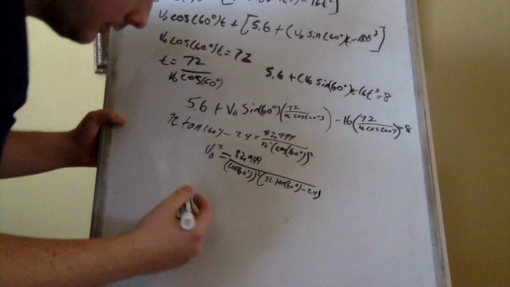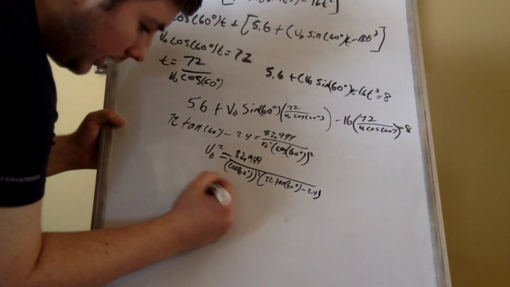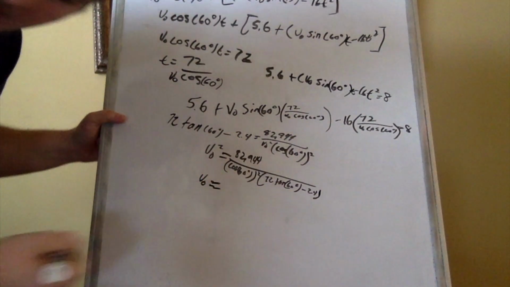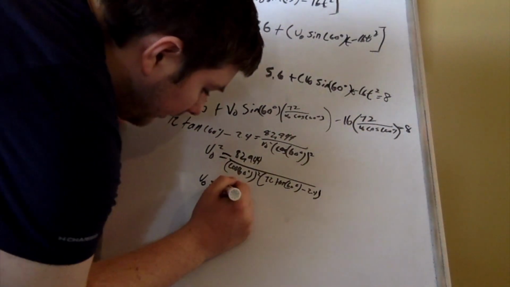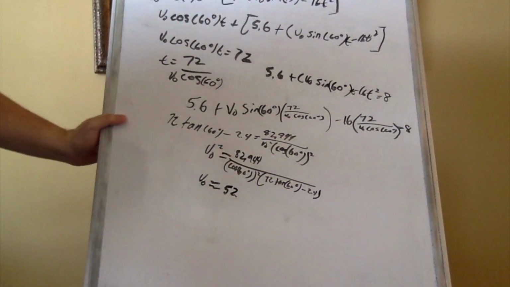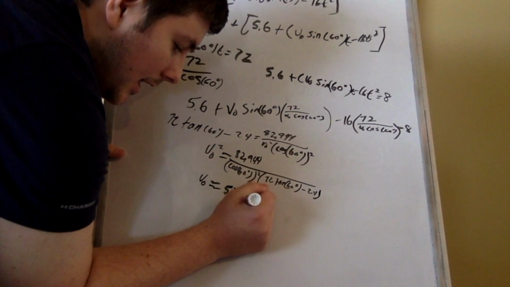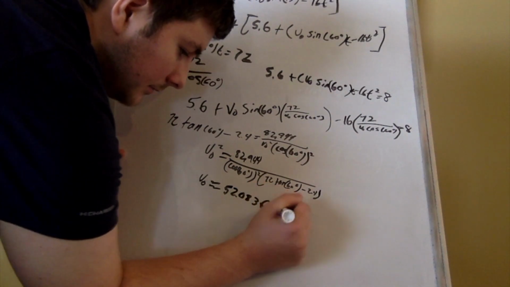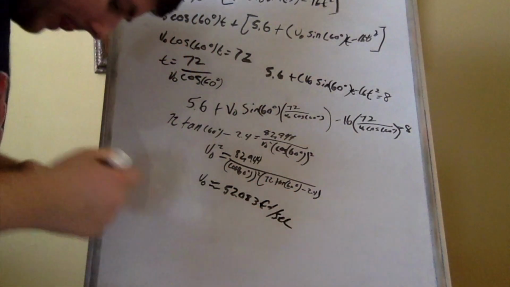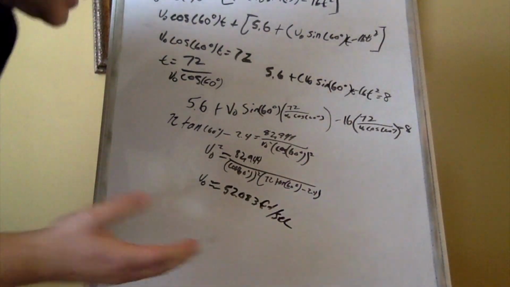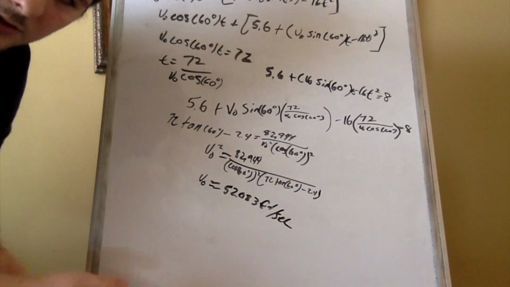All right, and now we've got V naught is roughly equal to 52.083 feet per second. And that's the velocity of the shot towards the rim.